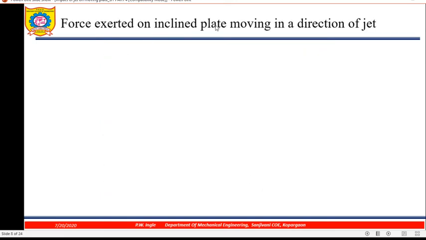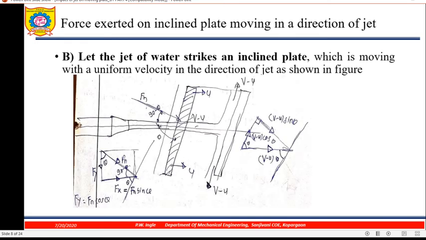Now, force exerted on the inclined plate moving in the direction of jet. We have discussed force exerted on an inclined plate which is fixed. In a similar way, we will discuss this. Again here you see, the velocity with which the jet strikes the plate will be v minus u. This is the Fn component.